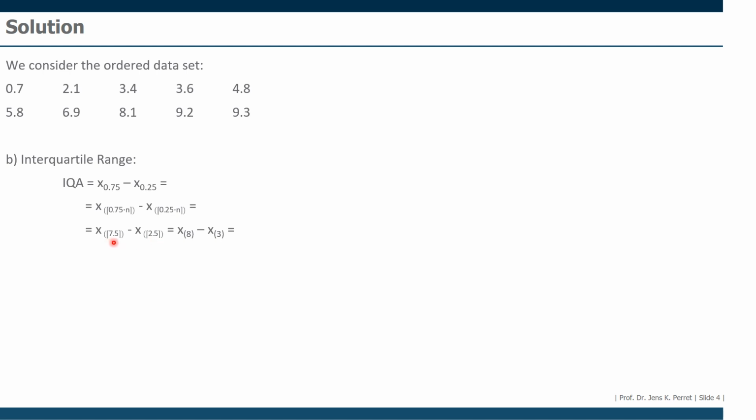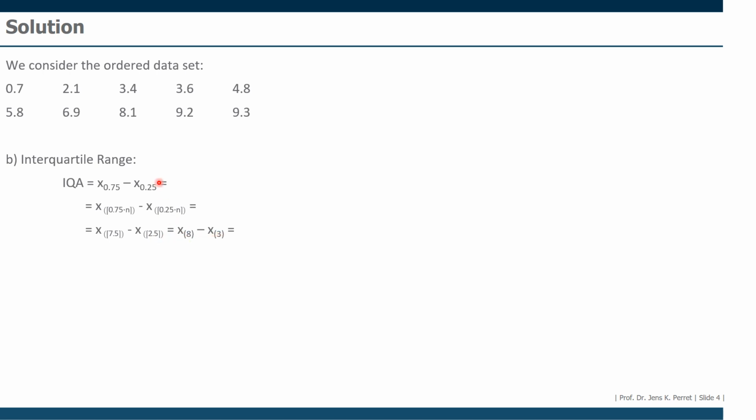Then I check whether those two values are integers or not. Here, both of them are not integers. So what I'm going to do, I'm simply going to round them up. And I'm always rounding up. So in this case, I have 7.5 rounded up is 8, 2.5 rounded up is 3.